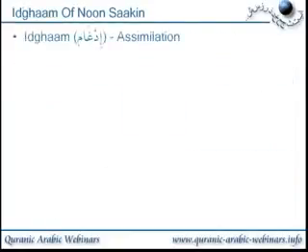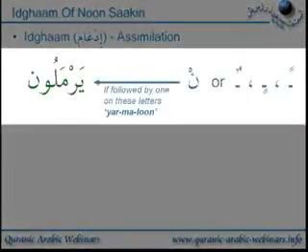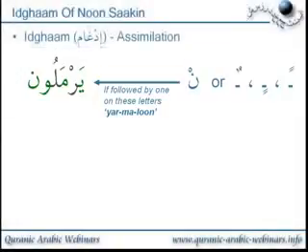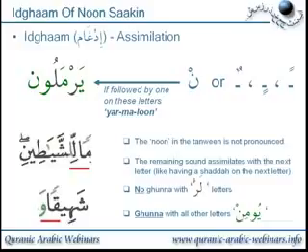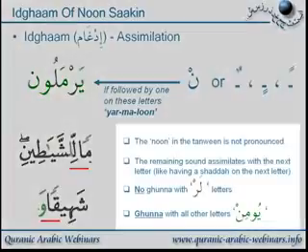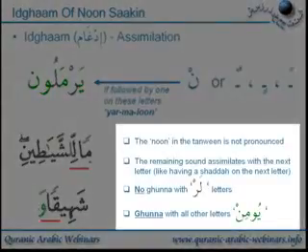Next we will look at Idghaam, which is assimilation. If we have Tanween or Noon Saakin followed by one of the Yarmaloon letters, then we're going to apply a certain rule. So the Noon in the actual Tanween is not pronounced.